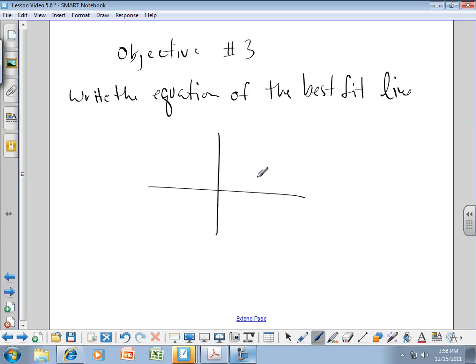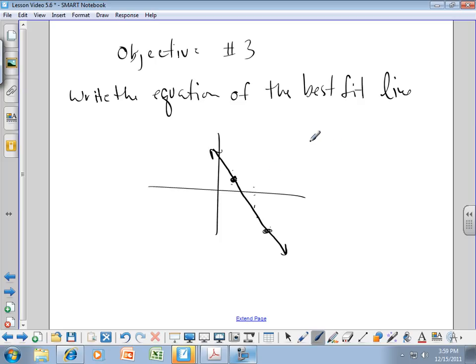So you've got your scatter plot. You've got these points coming down here. And you draw the line that you think is the best fit for that. And then you pick 2 points off that line, and guess what you do? You write an equation. So just a second ago, well, I'm going to pick my own 2 points here.